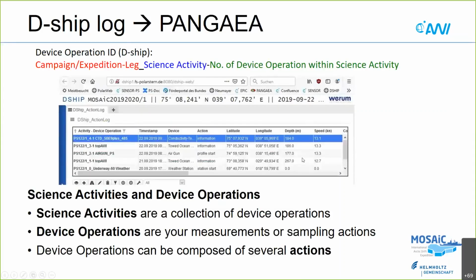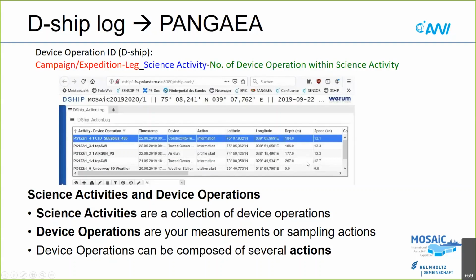So you're probably very aware, at least those of you who already have been to Polarstern, that logging of scientific work during MOSAiC is done by dship log.